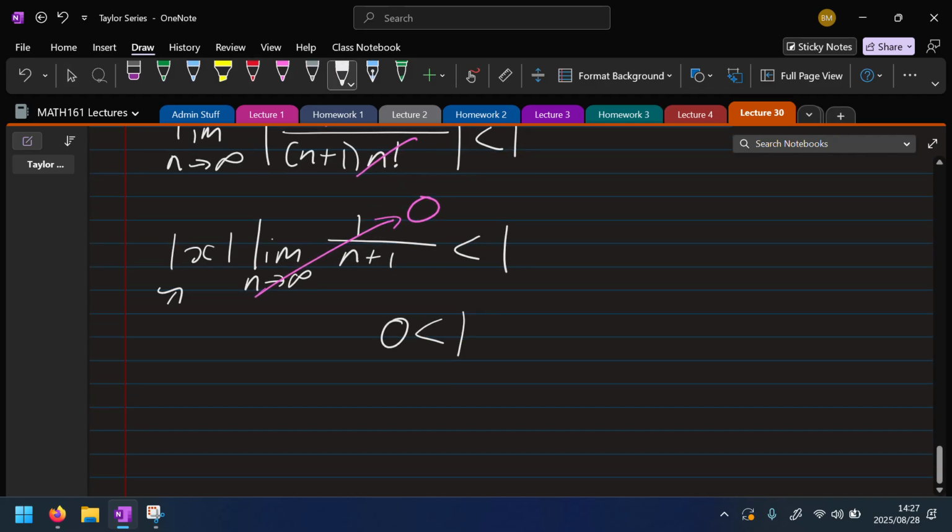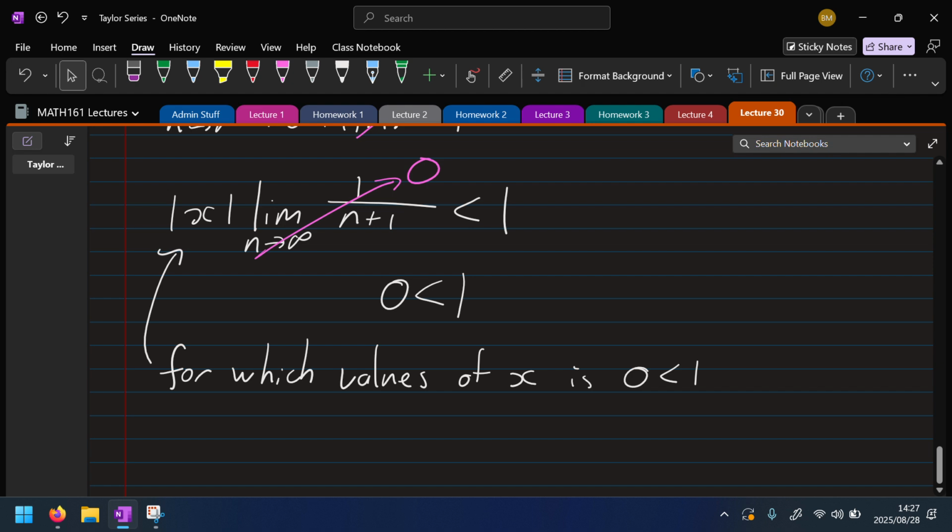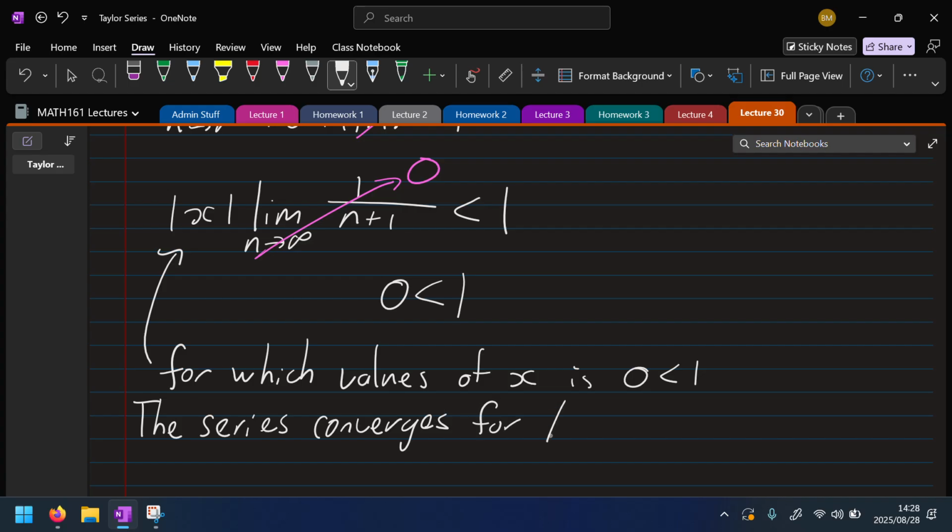Okay, so here, for which values of x is 0 less than 1? Yeah, but that's always true. So this converges for all values of x. The series converges for all values. You can substitute whatever you like into that second to last line.